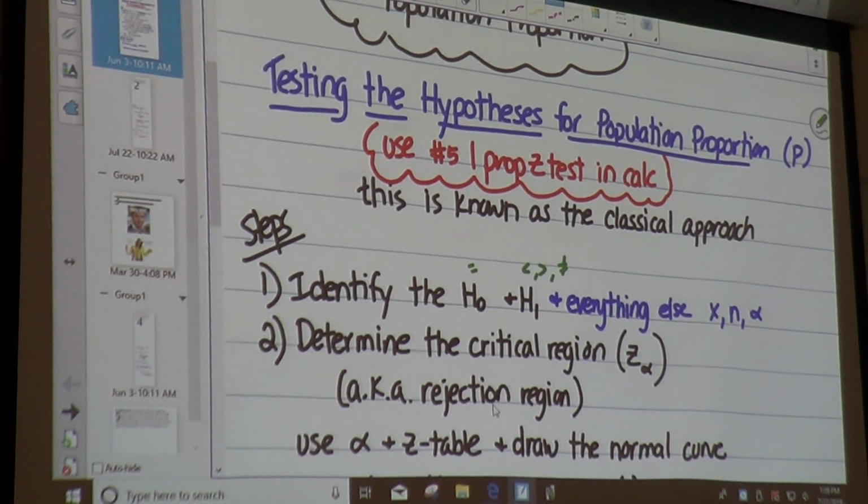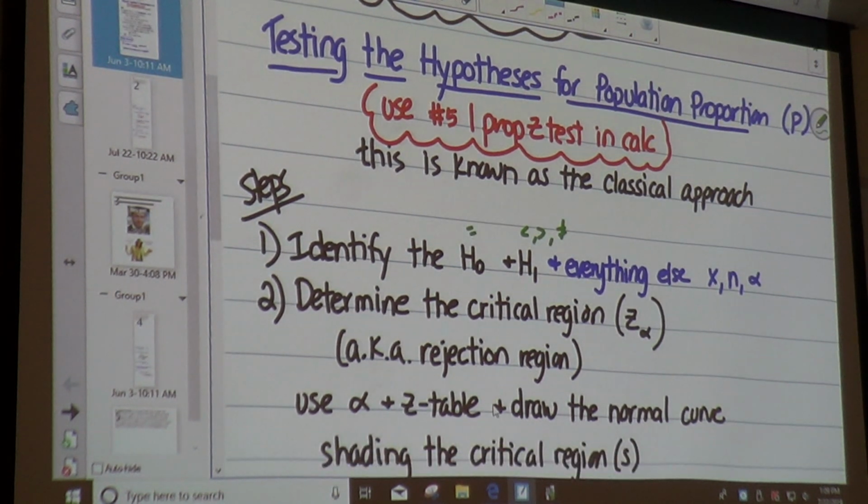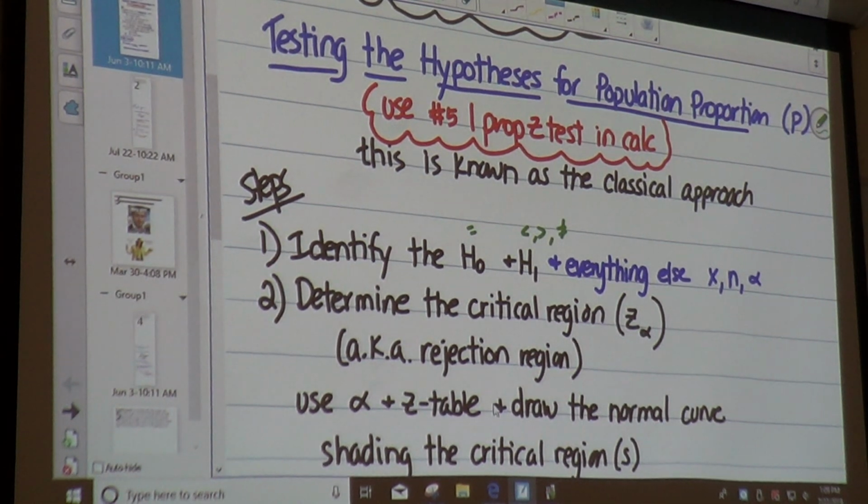You're going to use the alpha in the Z table, and you're going to draw the normal curve, shading the critical region or regions. So you're going to identify the H naught and the H1, and everything else, X, N, and alpha. Determine the critical region, which is your Z alpha, aka the rejection region.